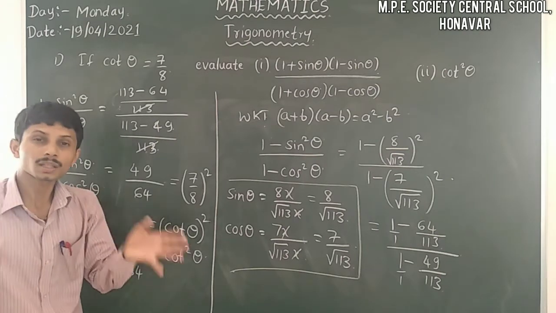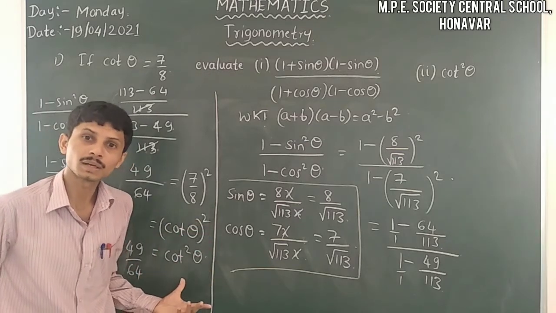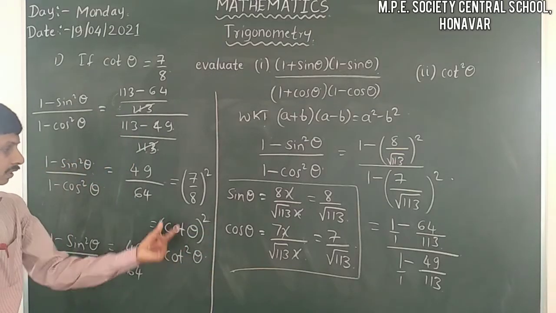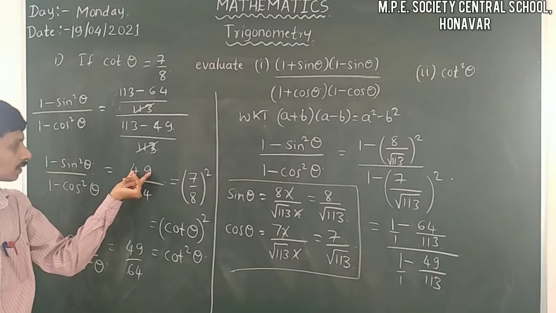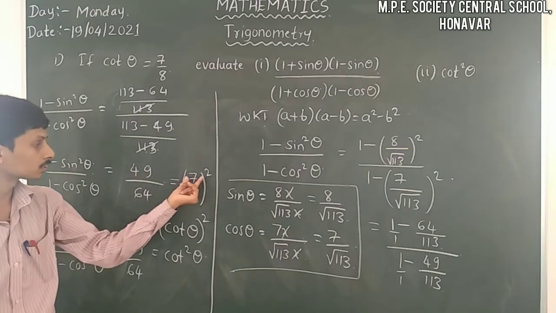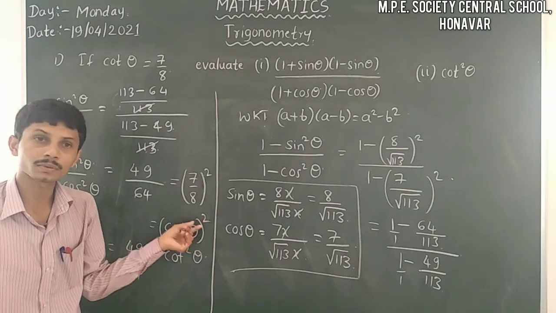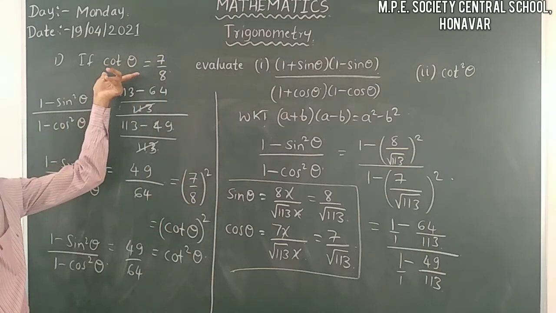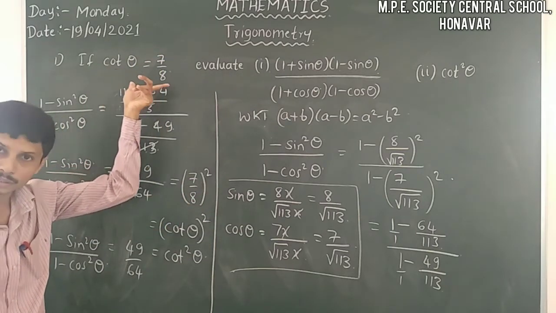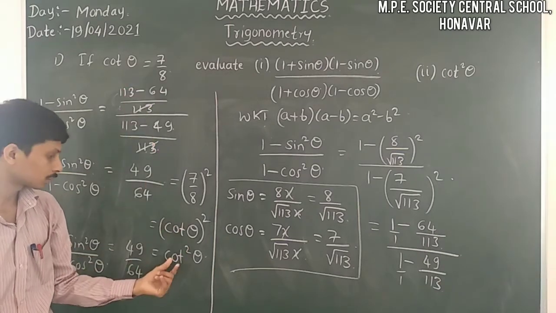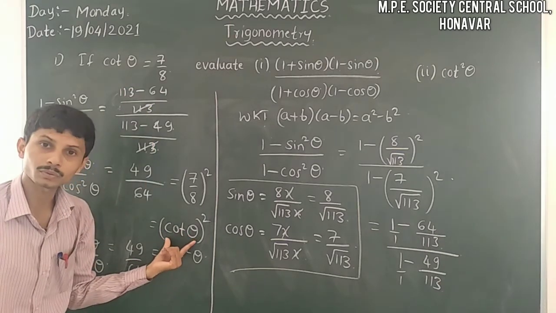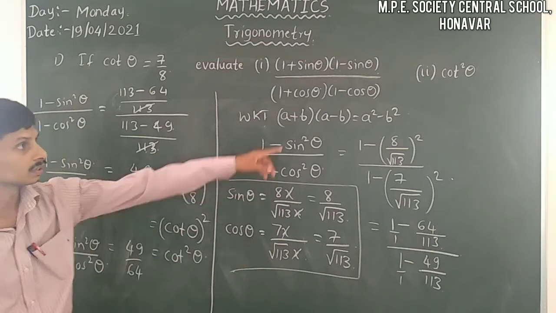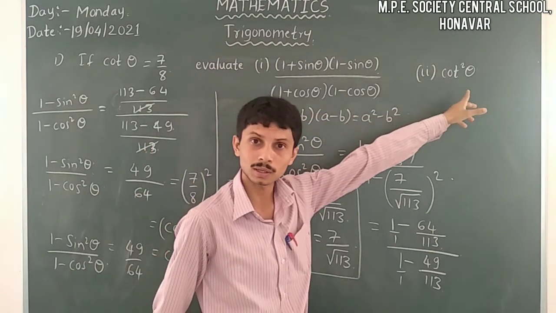In all the problems we are not getting the same thing, but here we observed that 49 by 64 is 7 square and 8 square, so we can write it as 7 by 8 whole square. Inside the bracket we have 7 by 8, so it is eligible to substitute the value as cot theta, so cot theta whole square is cot square theta.